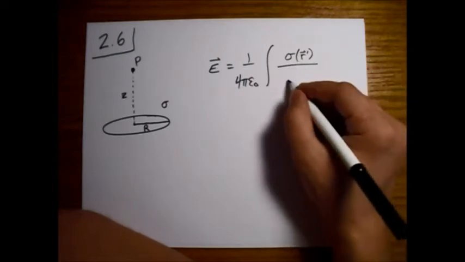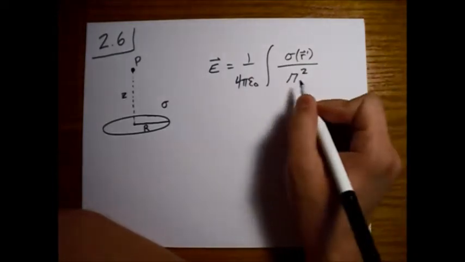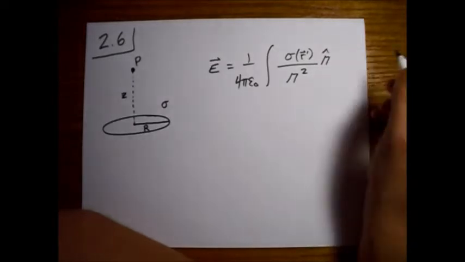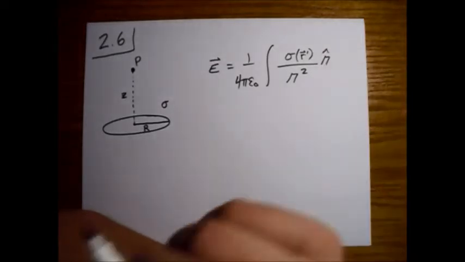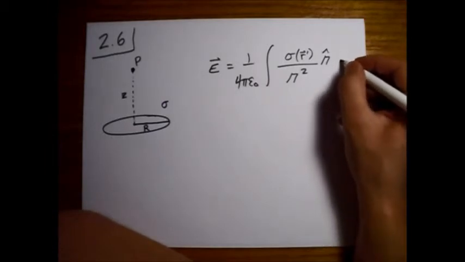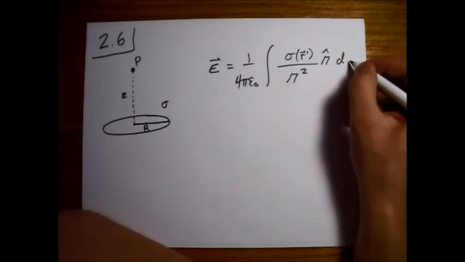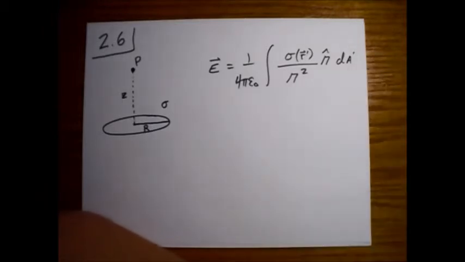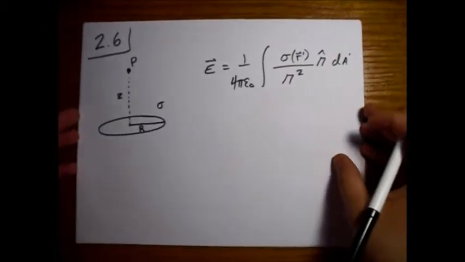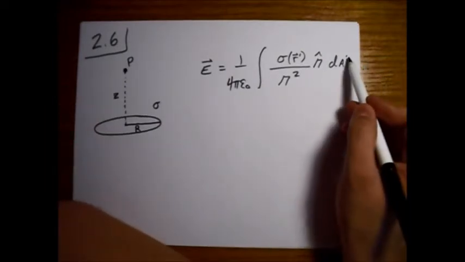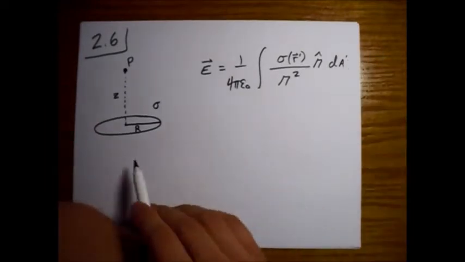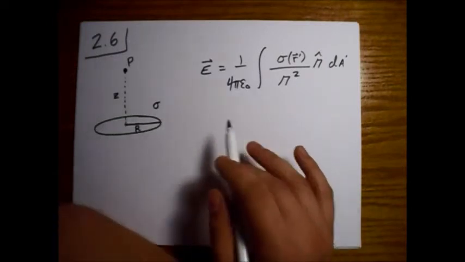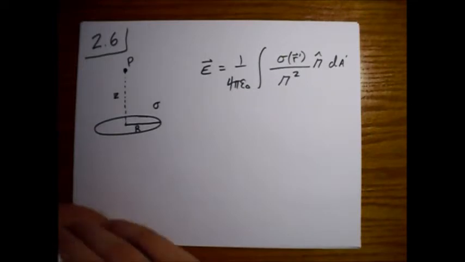And downstairs we have our cursive r squared, our cursive r hat vector, and this time we have a differential area, dA prime. We use the primes for the source points, and the unprimed for the field point.